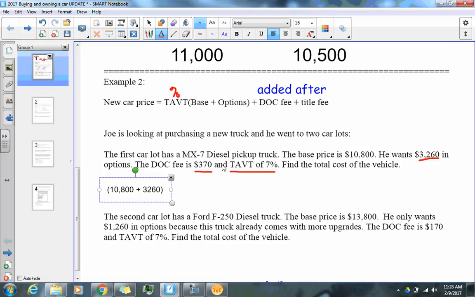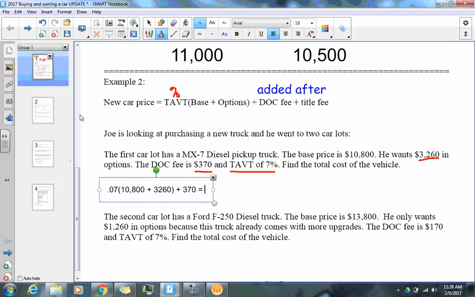I know I wrote it up here first, and you can do that. The TAVT is 7%, so it would be 0.07. Then I'm going to add the doc fee, which is $370, and then I would add a title fee if there was one, and apparently there's not in this problem. So I just add all this up.